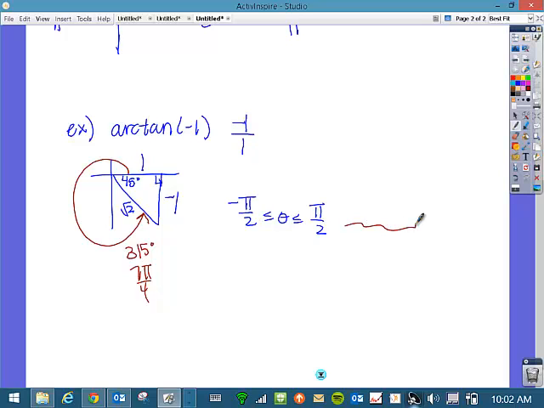So we have to think about this instead as negative pi over 4. So your answer is negative pi over 4. When your right triangle ends up in the fourth quadrant, you want to think of your angle going in the negative direction as opposed to the positive direction. Because if it's in the positive direction, your angle won't be in your range. But if you go in the negative direction, it is in your range. So the answer is negative pi over 4.